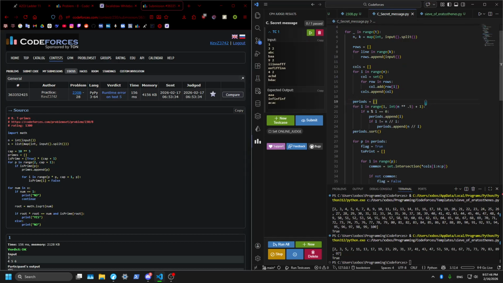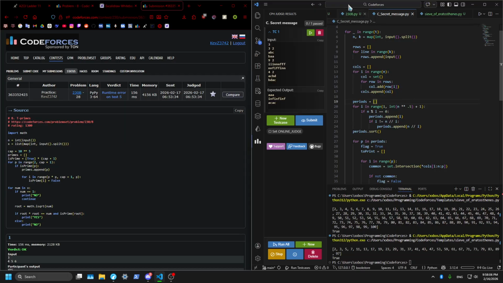Like this. Periods. We only have to look up to the square root of n because each divisor will already be looked at.